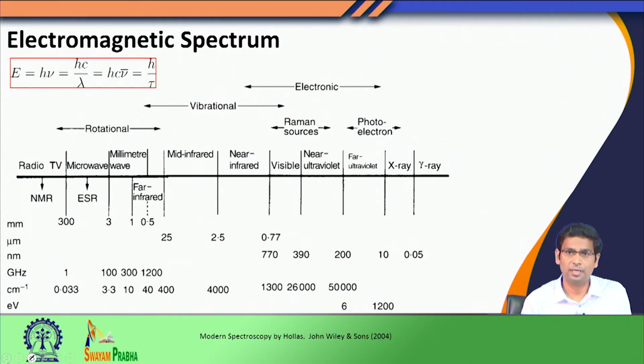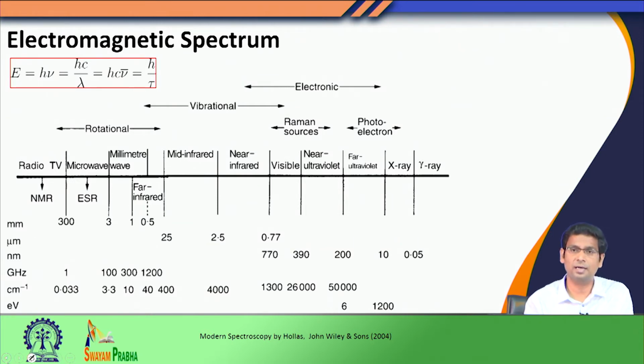The light that we can see we call visible light, and this light is part of electromagnetic radiation, but there are other radiations which we cannot perceive through our eyes, and the entire spectrum of this radiation is shown here.